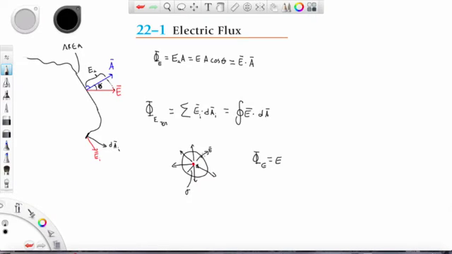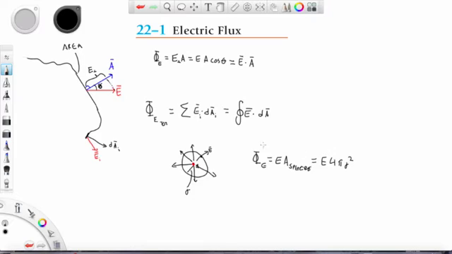Because this is symmetric, the value of E is the same everywhere on this sphere, so it's a constant called E. And then we have only left the area of the sphere, and we know that the expression for that is 4 pi r squared.